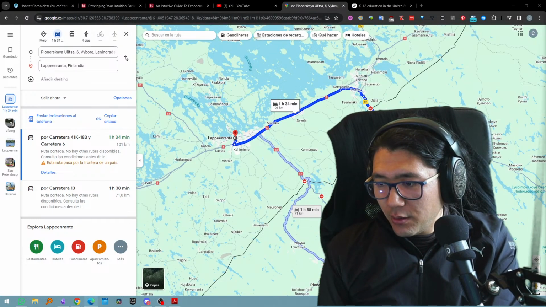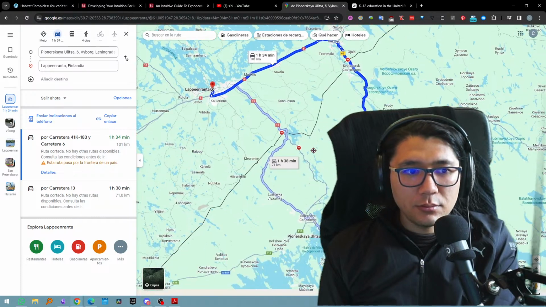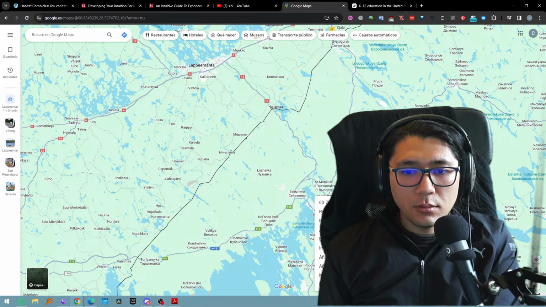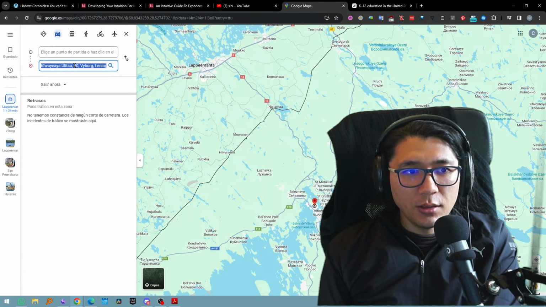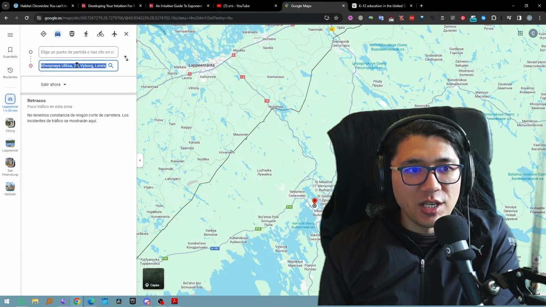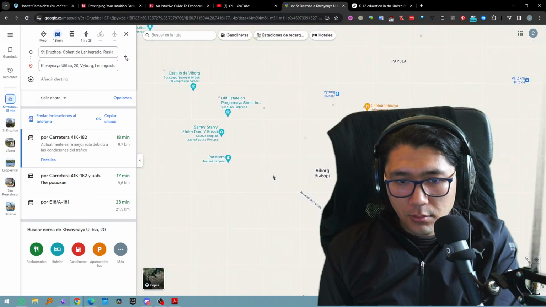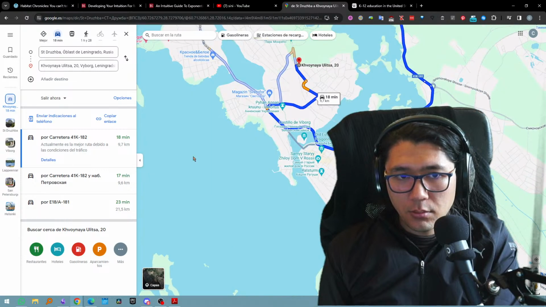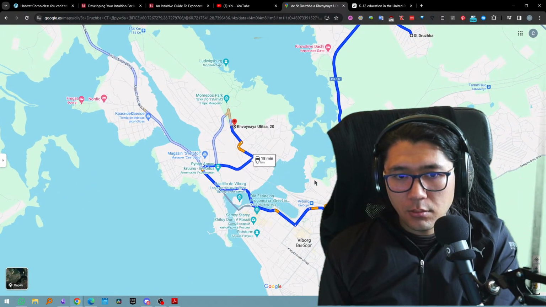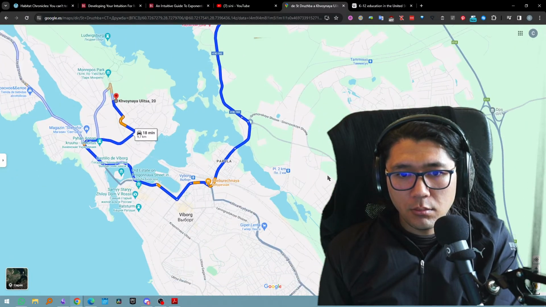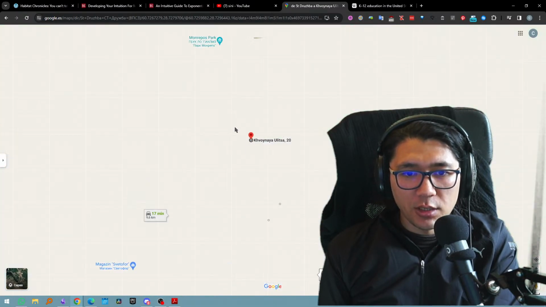Let's see. Number 9, located in Viborg. Yeah, I think if I do something like this, it shows me like 20. I guess it's something like that, right? So district 9 or something, I guess. Or maybe the 20 is the number in the street.